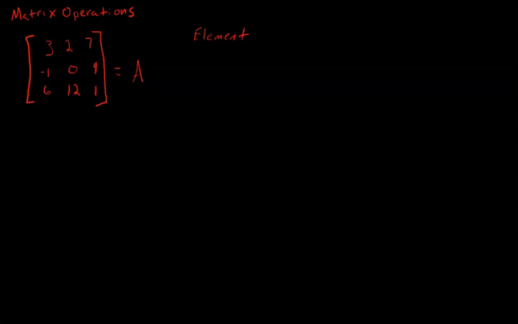our matrix. And the matrix has a size, right? This is a specific size. That is called our dimensions. So our dimensions here, this is a 3 by 3 because it has 3 rows, 1, 2, 3, and it has 3 columns, 1, 2, 3.